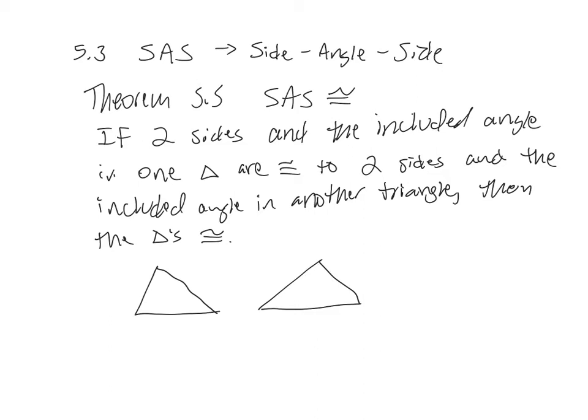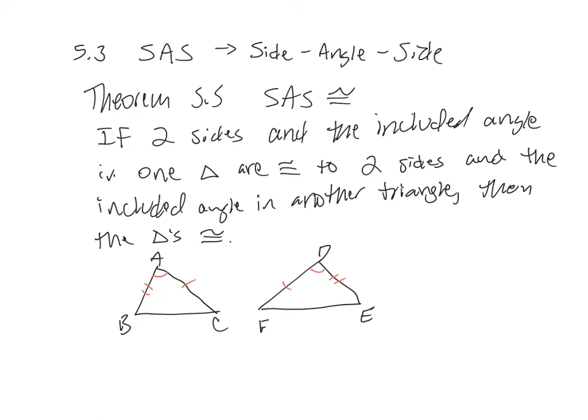So if we had triangle ABC and triangle DEF, and I labeled those two sides, then angle A is the one that's between them. The way I think it's easiest to think of it, the included angle is where the two sides meet. Over here it would look like that, like if they're flipped over.